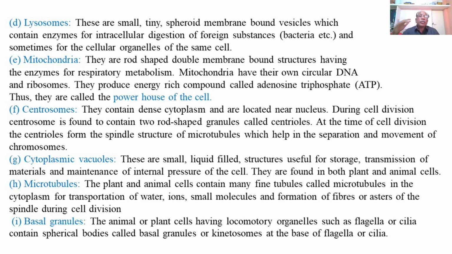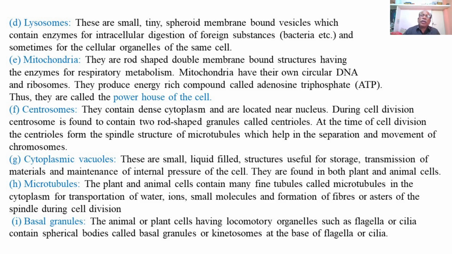So, at the time of cell division, these two centrioles form the spindle structures, which extend the protein filaments. Ultimately these two centrioles are pushed towards the opposite poles of the cell, and the filaments extend and get attached to the centromeres of the chromosomes at the metaphase stage.